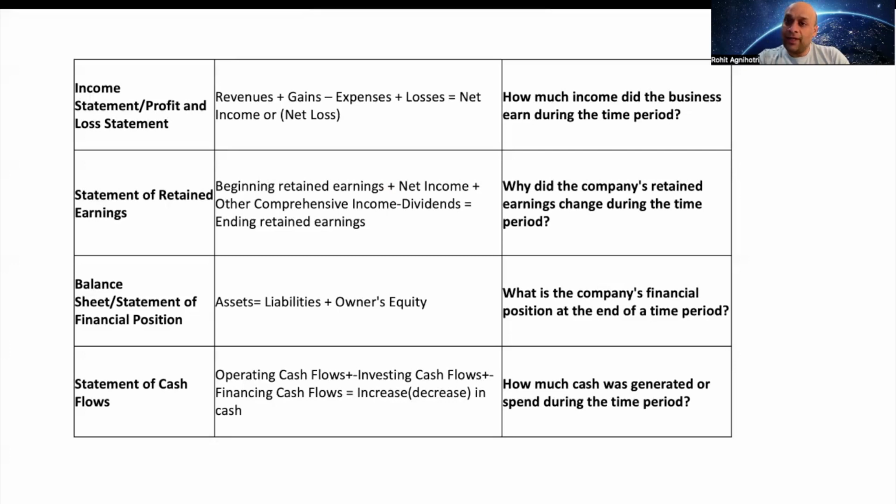The third statement is your balance sheet, also called the statement of financial position. The elements of this statement are the assets, liabilities, and owner's equity. This is also your accounting equation. Assets must equal the sum of liabilities and owner's equity.